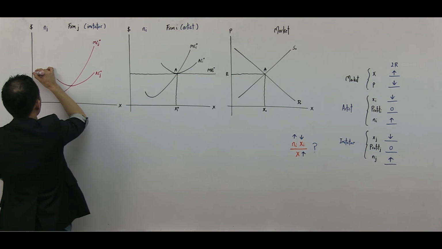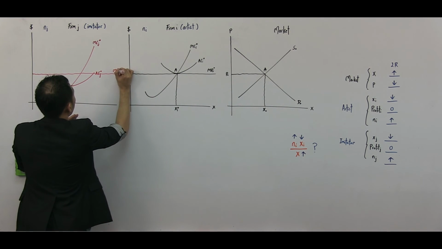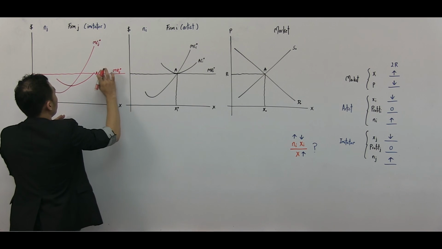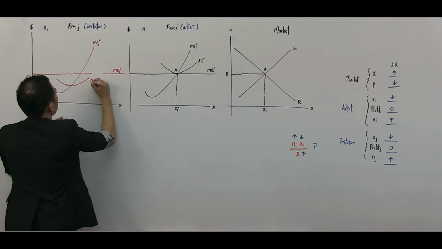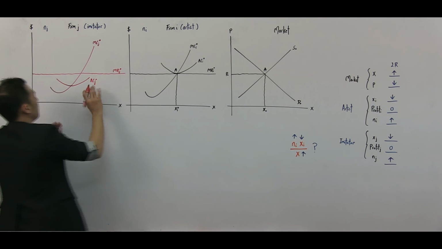So if market price remains the same, this will be your MRJO. This is your ACJO. Your MRJO.